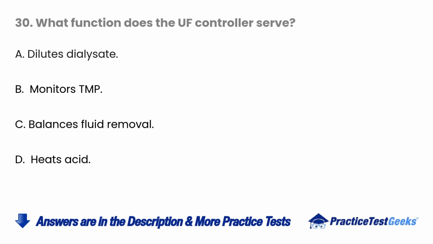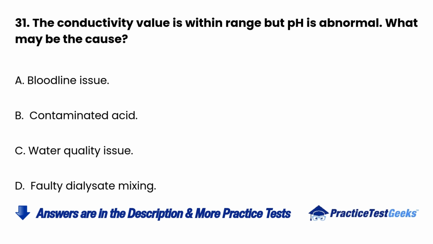31. The conductivity value is within range but pH is abnormal. What may be the cause? A. Bloodline issue. B. Contaminated acid. C. Water quality issue.